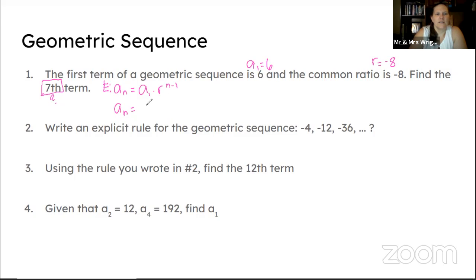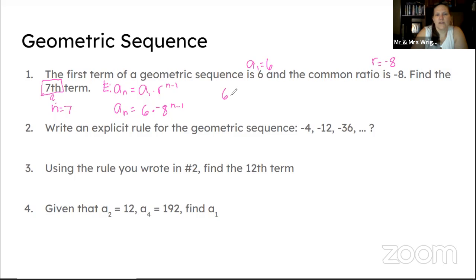A sub n is 6 times, what is my r? -8 to the power of n minus 1. And we were asked to find the 7th term. So what that means is n is going to equal 7, and I'm going to plug it in for where this n is.